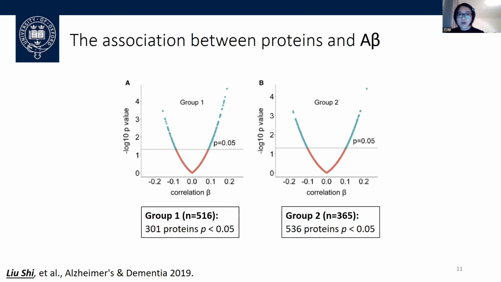We divided the whole cohort into two groups, shown in figures A and B. We used a linear regression and corrected for covariates such as age, ApoE full genotype, gender, and so on. As you can see, in group A, we found 301 proteins significantly associated with A-beta. In group B, we found 536 proteins significantly associated with A-beta.